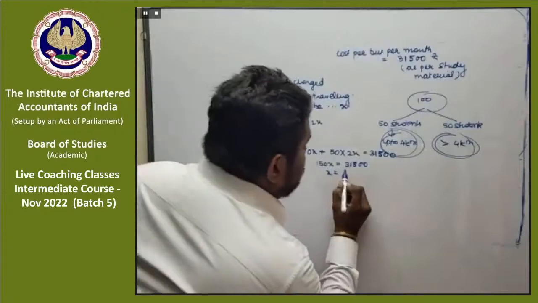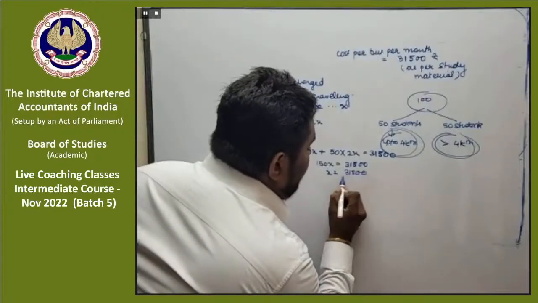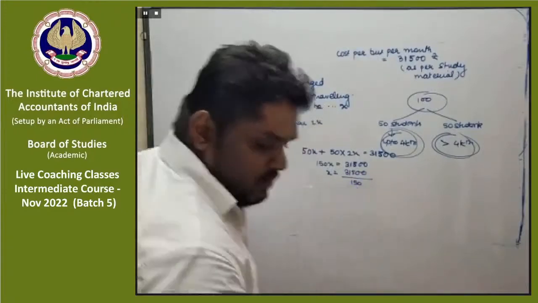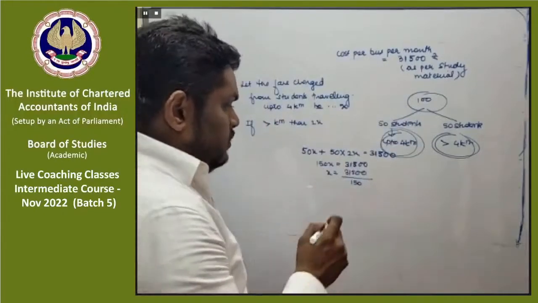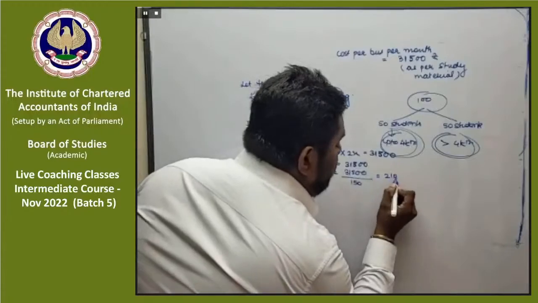So 31,500 divided by 150, so this will be 210.